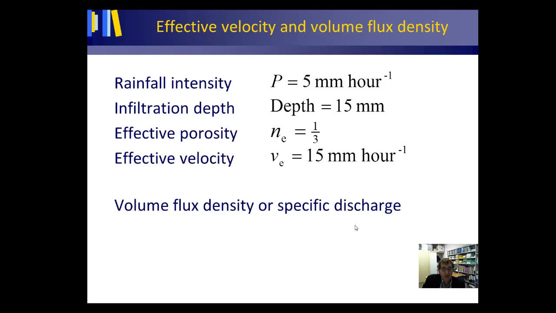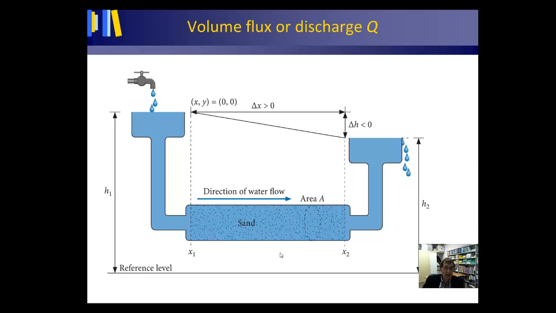Your effective velocity is 50 millimeters per hour. De werkelijke snelheid, we would say in Dutch. And your volume flux density or specific discharge, volumestroomdichtheid of specifieke afvoer, is 5 millimeters per hour. And VE equals Q divided by NE.